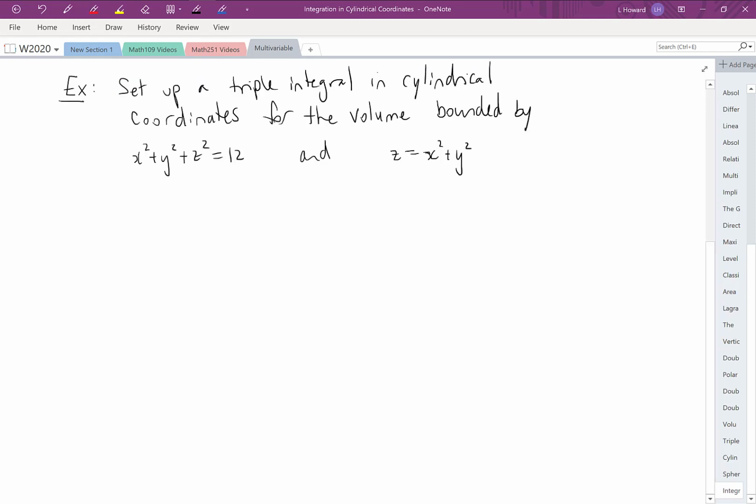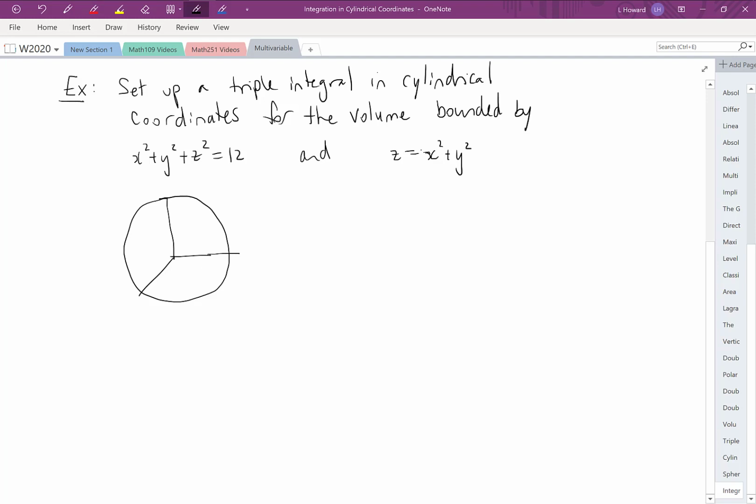Let's set up a triple integral in cylindrical coordinates for the volume bounded by two surfaces, and let's try to draw a picture of our surfaces. So first surface, x squared plus y squared plus z squared equals 12. So that's a sphere of radius root 12. I'm just going to draw that like that.